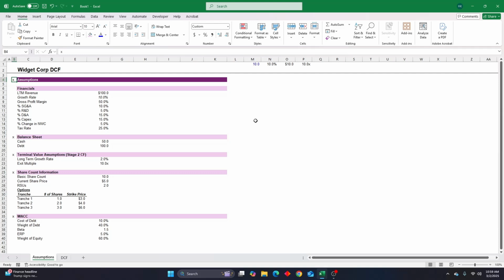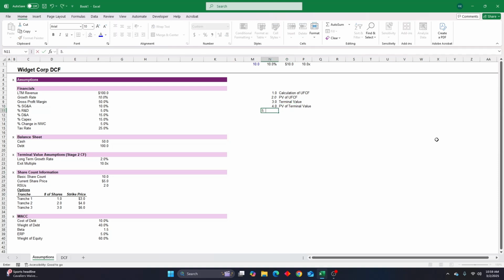So broadly speaking, our DCF is going to fall into a couple of steps. First, we're going to have the calculation of unlevered free cash flow. Next, we'll have the present value of our unlevered free cash flow. Third, we're going to find our terminal value. Fourth, we're going to take the present value of our terminal value.